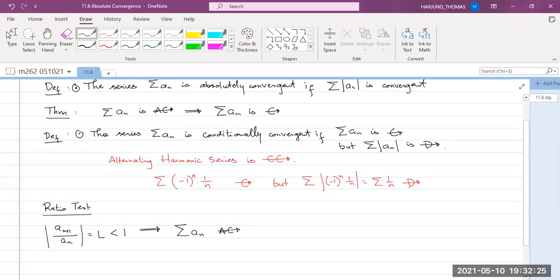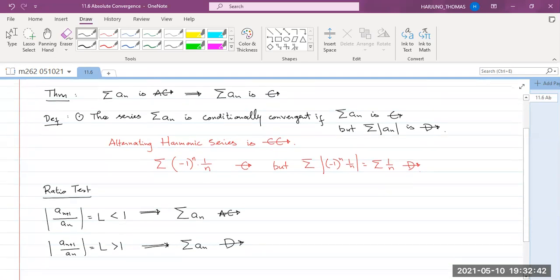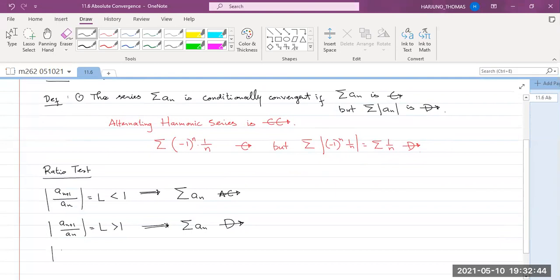If the limit is greater than 1, then the series is divergent. If the ratio converges to L, then the series is either absolutely convergent or divergent.